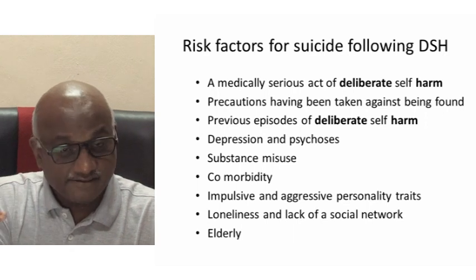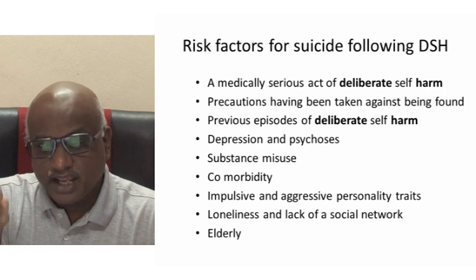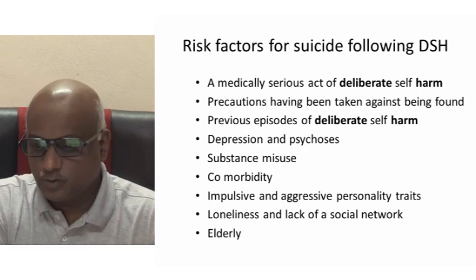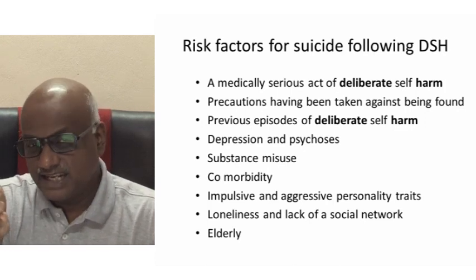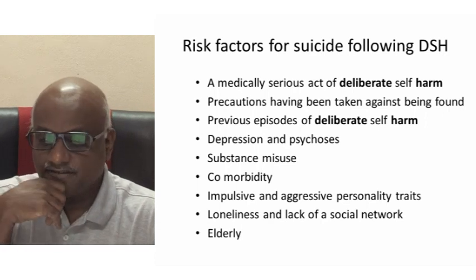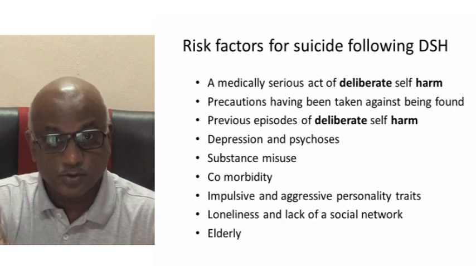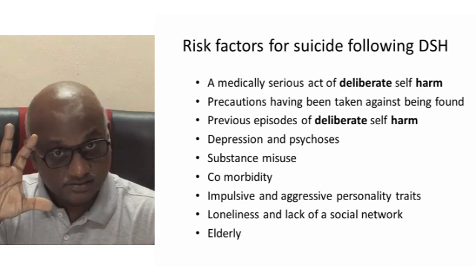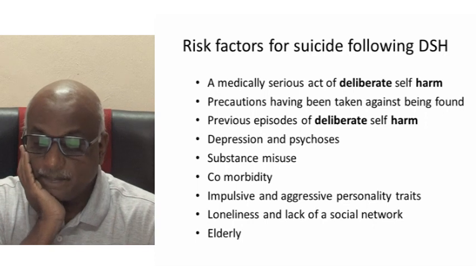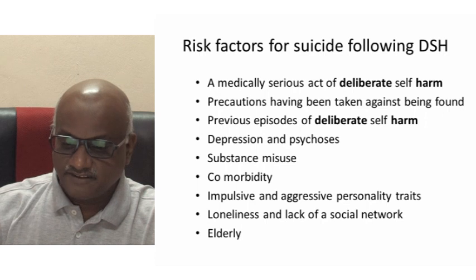And of course, another risk factor is previous attempt of deliberate self-harm. If somebody has been attempting deliberate self-harm a few times, then, as we said earlier, one time he could actually end his life. Having a mental illness, especially depression and psychosis like schizophrenia, the risk of suicide is high. Then again, substance misuse is another factor that's going to increase the suicide risk.